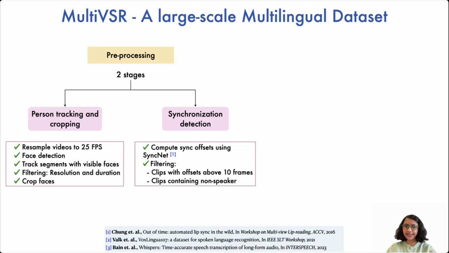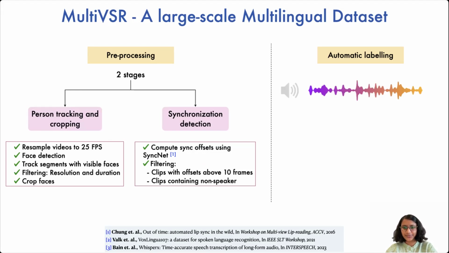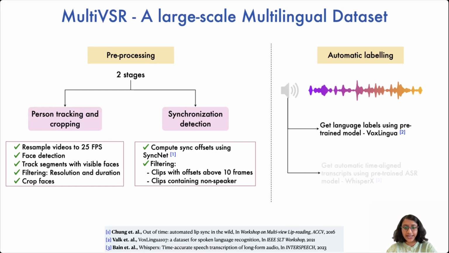Our entire data collection process requires no manual efforts because all the steps, including label generation, are automatically done. To generate the text labels, we rely on audio signal. We first identify the language using an audio-based language identification model called Voxlingua. We then generate word-level time-aligned transcripts using the pre-trained WhisperX ASR model.